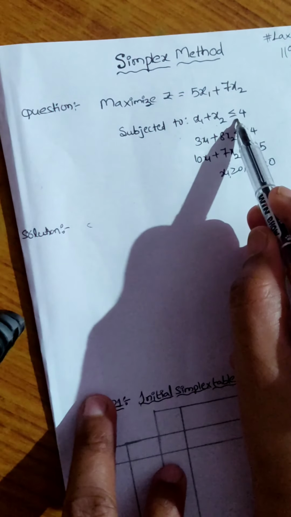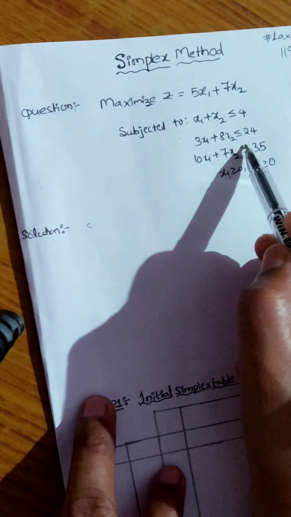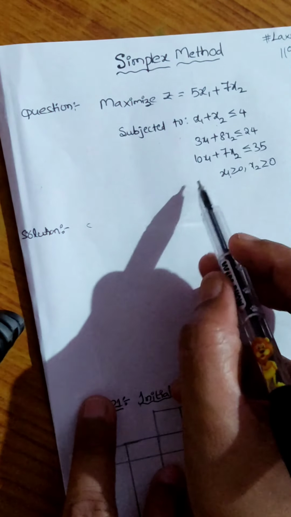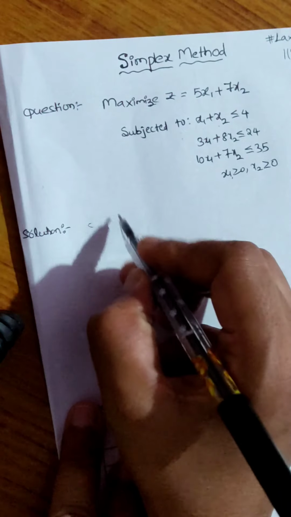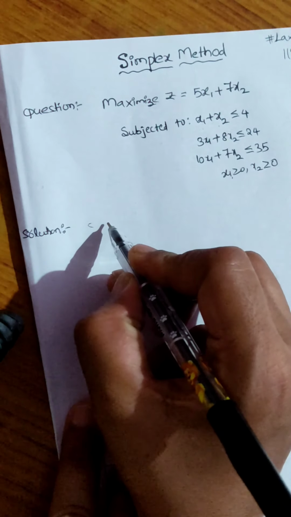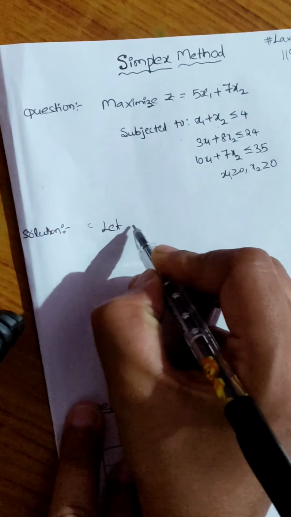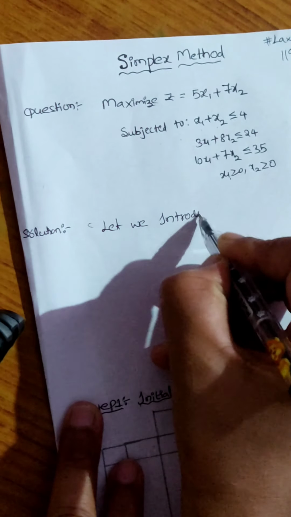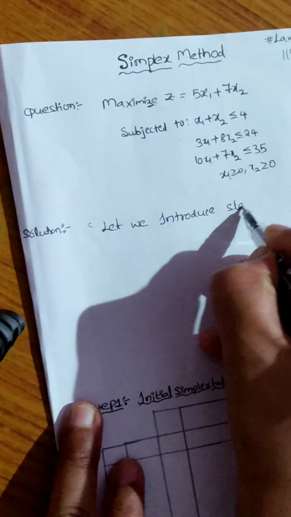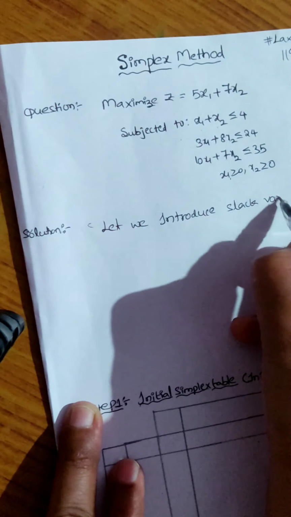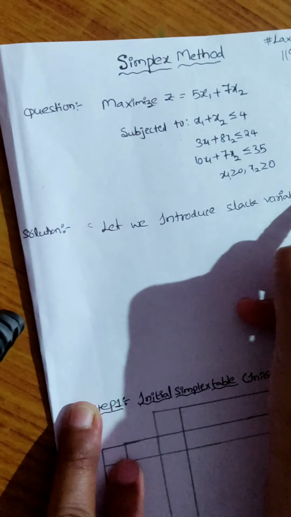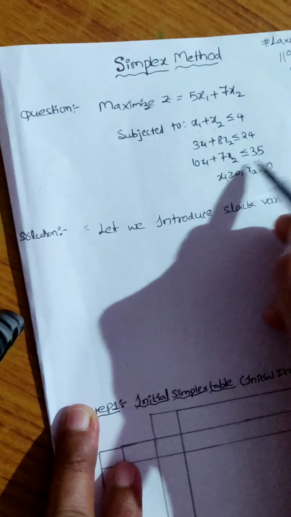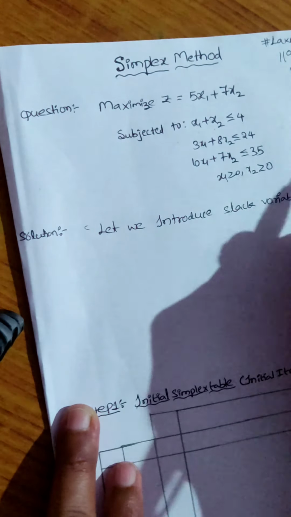First we have to convert these inequalities into equalities by introducing slack variables. How many constraints do we have? Three constraints.